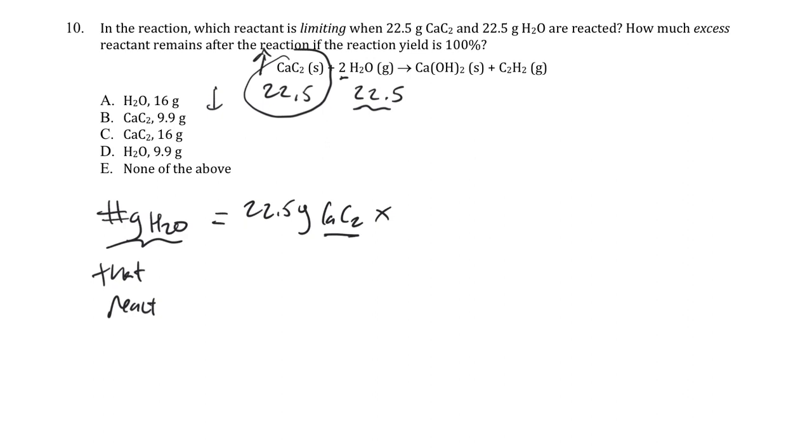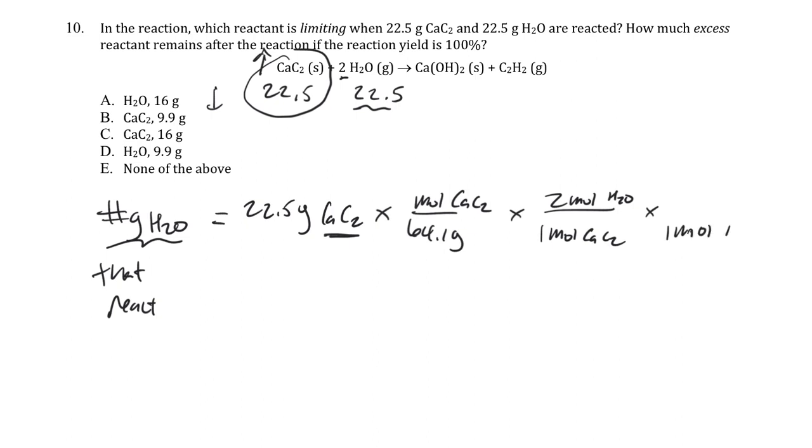The molar mass, 40.1 plus 12.01 times 2, is 64.1 grams per mole of CaC2, times the conversion factor: for every 1 mole of CaC2, according to the reaction, we need to react 2 moles of water with it. And 1 mole of water has a mass of 18.02 grams.